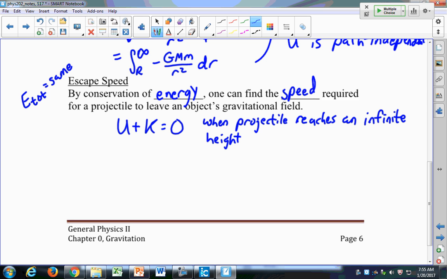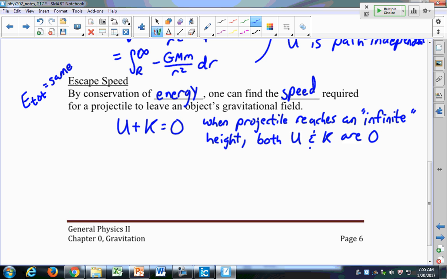When a projectile reaches an "infinite height", let's put that in quotations, because it's an approximation, both U, that's the gravitational potential energy, and K, that's the kinetic energy, are equal to 0. That the sum of those is equal to 0. That I don't have any more gravitational energy, that it's all been transferred to kinetic.